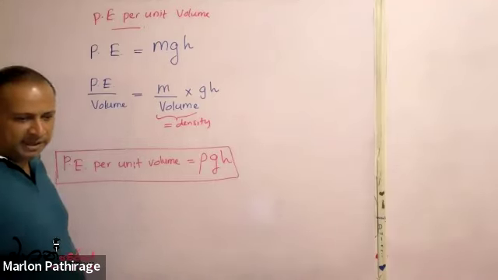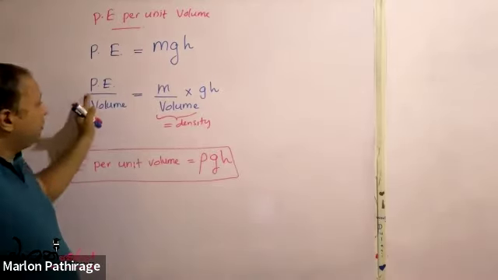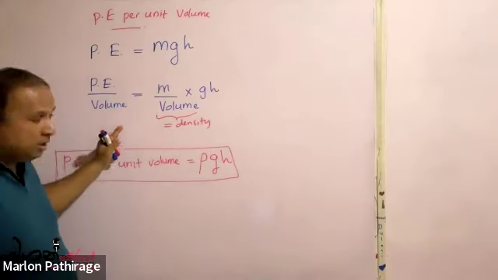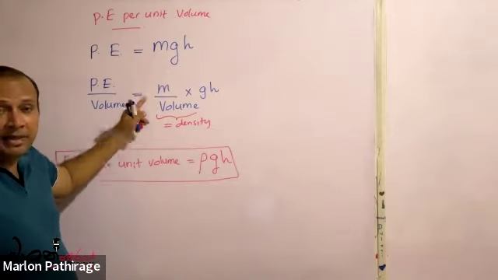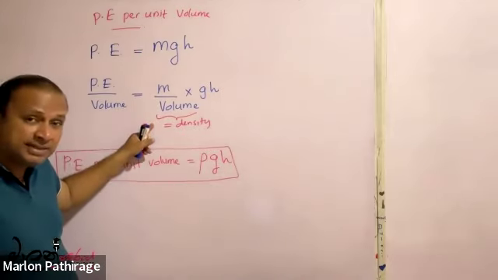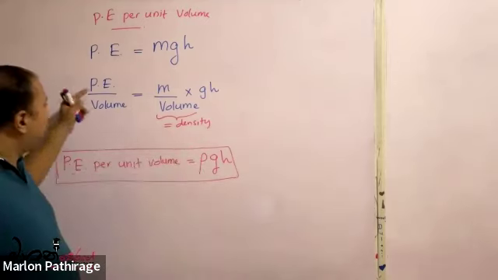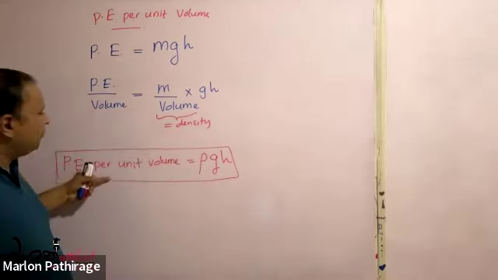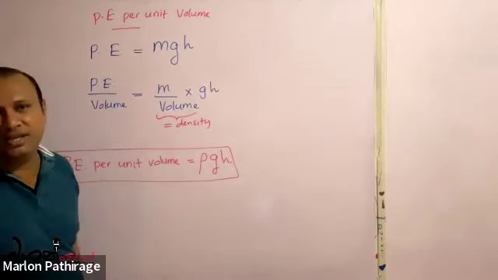I will explain it again. Potential energy is equal to mgh. Then you can divide both sides by volume. Mass over volume means density, and density is rho. Therefore, potential energy per unit volume is equal to rho gh.